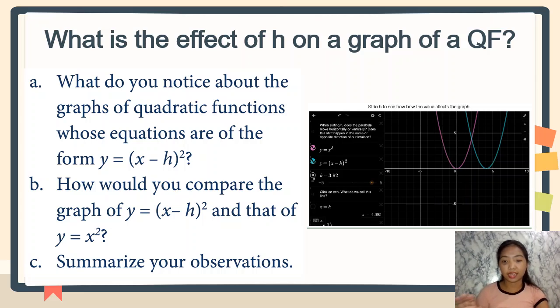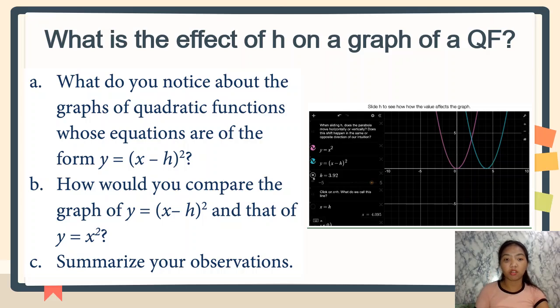And as h moves to the right, the graph moves to the right. The h is positive, sorry. That means if h has a negative value, the graph moves to the left, and if h has a positive value, the graph moves to the right.